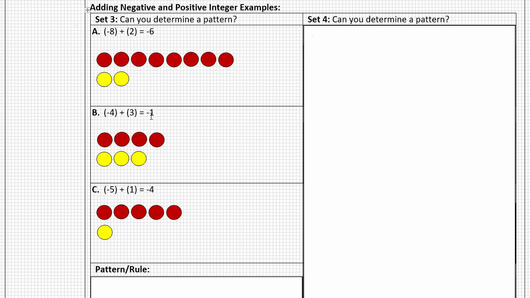So once again, you want to start noticing what is in common about these 3 problems that I included them all in one set. There's a rule and a pattern that we want to find here. It might help if we compare it to set 4. So let's go ahead and look at those problems.